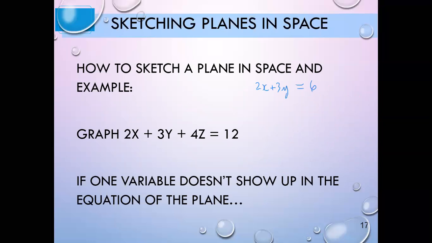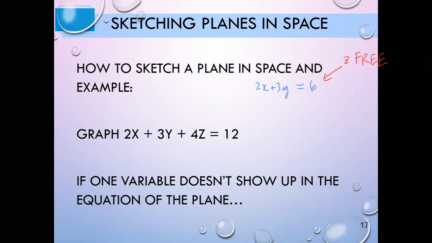What's up with that? Well, then z is free. Yeah? Z can do whatever it wants. X and Y are bound by this equation, correct? But then wherever X and Y are, Z can be anything at all, okay?